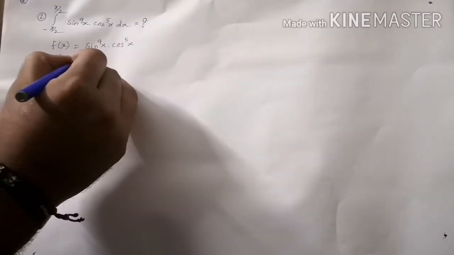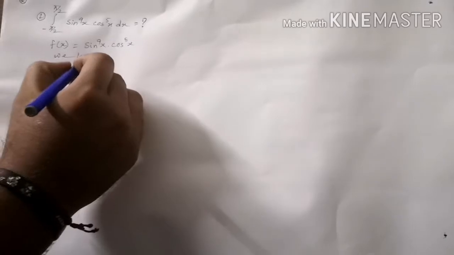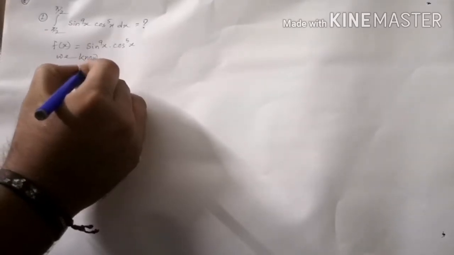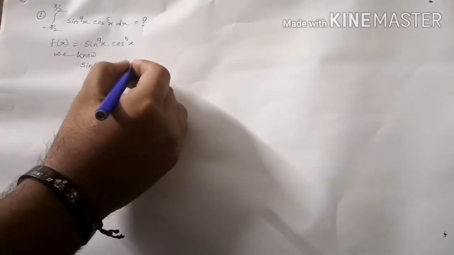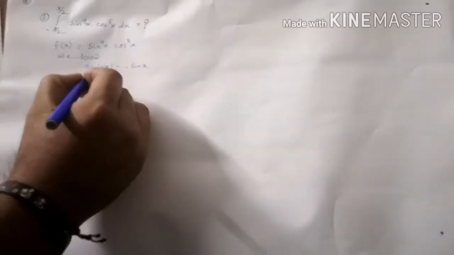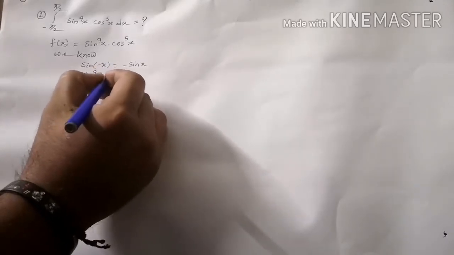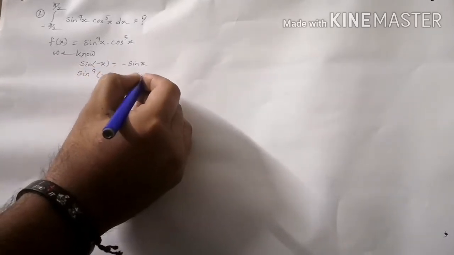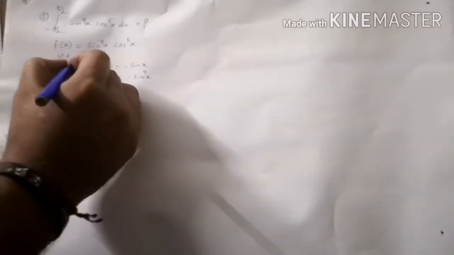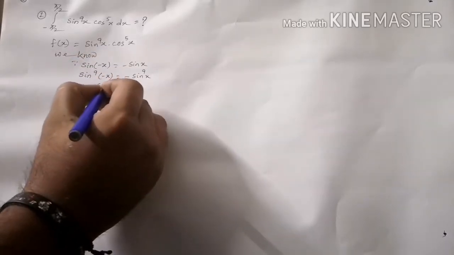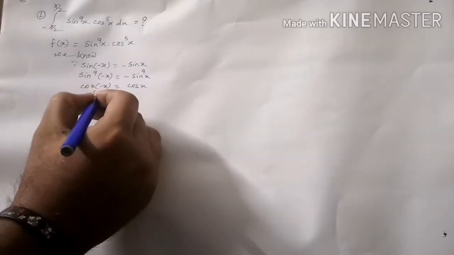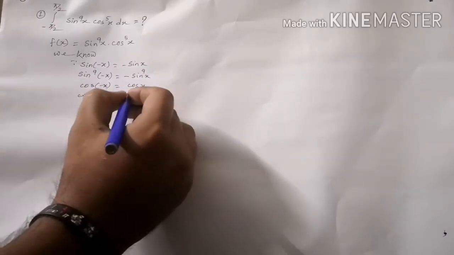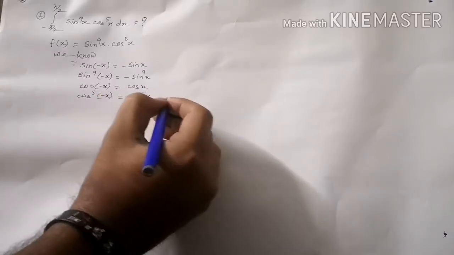We know from the beginning of trigonometry, sin of minus x equal to minus sin x. So sin to the power 9 of minus x equal to minus sin x to the power 9, and cos of minus x equal to cos x. So cos to the power 5 of minus x equal to cos to the power 5x.